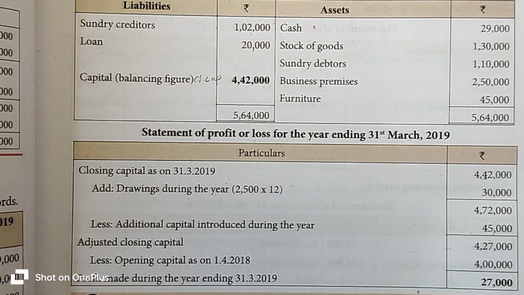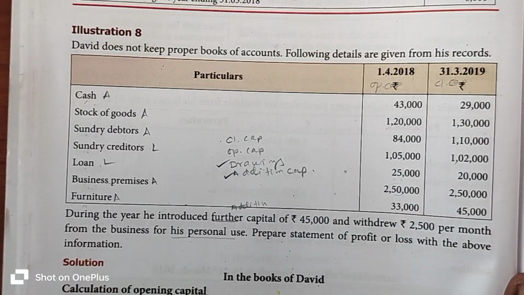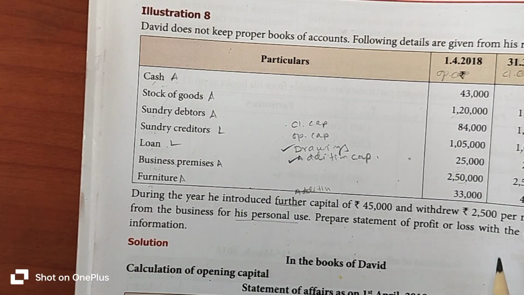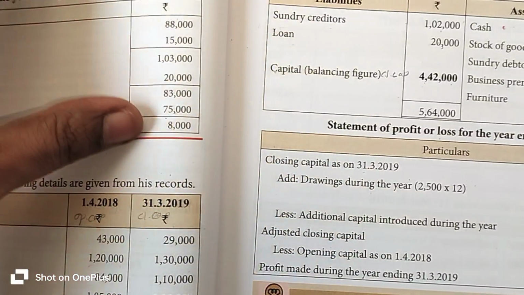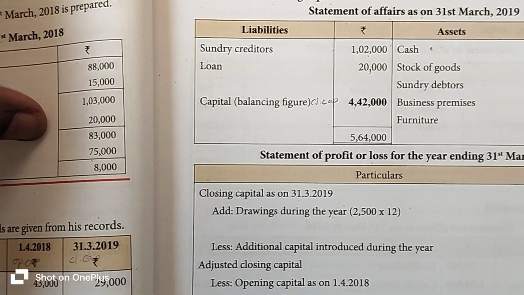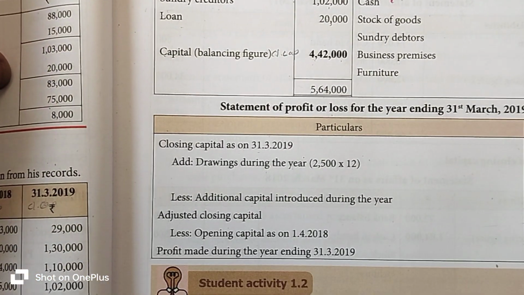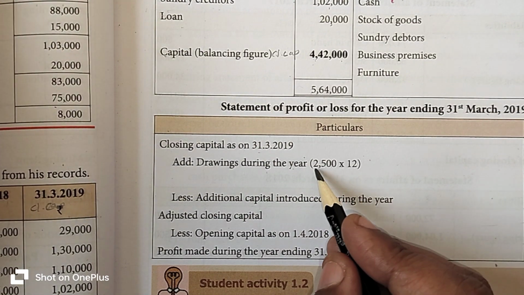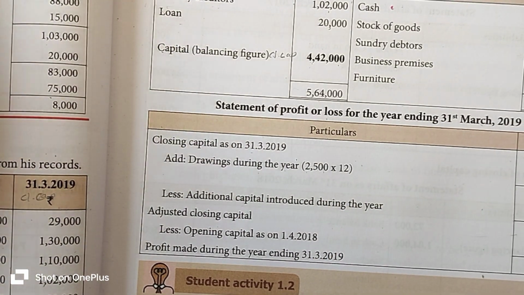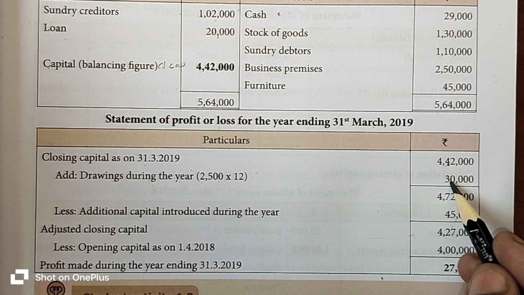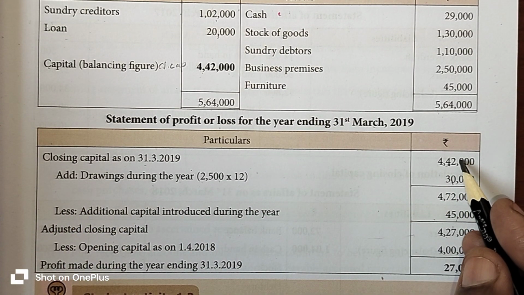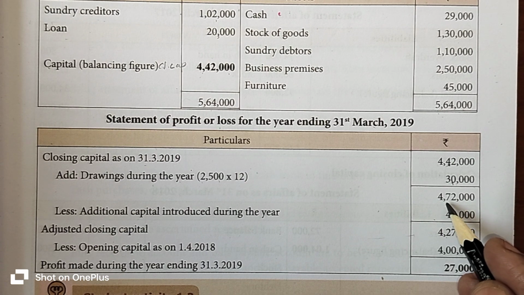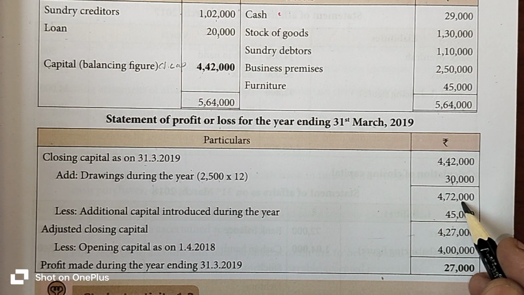Listen, David took 2,500 rupees per month. We have to calculate for 1 year, that means 12 months. So 12 months at 2,500 is 30,000 rupees. So the drawings during the year are 30,000. Then we add, and we will get 4,72,000.